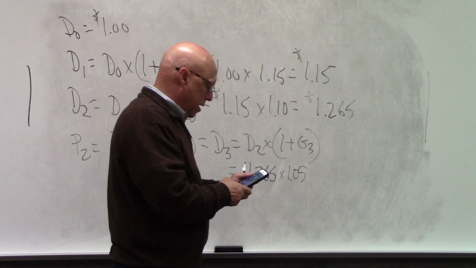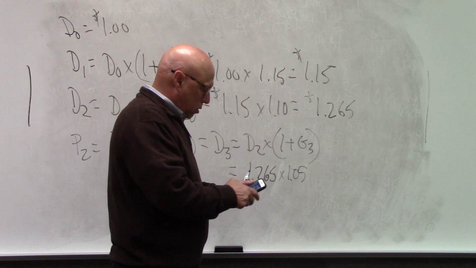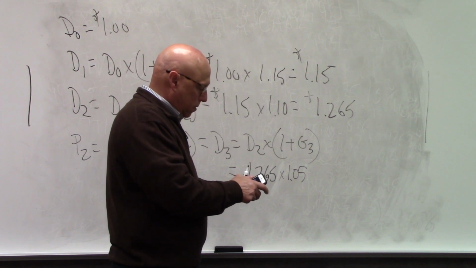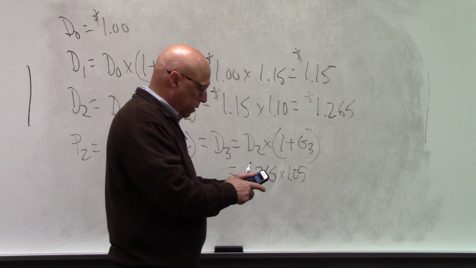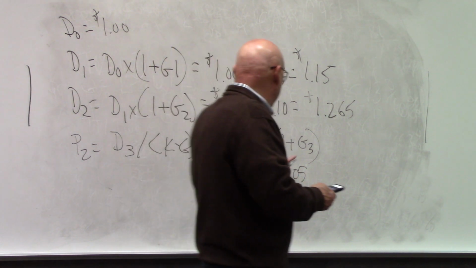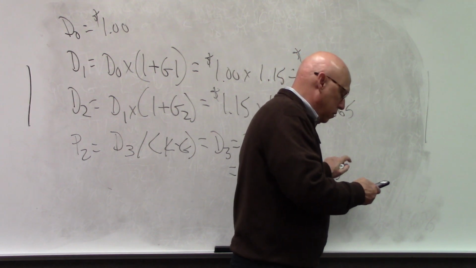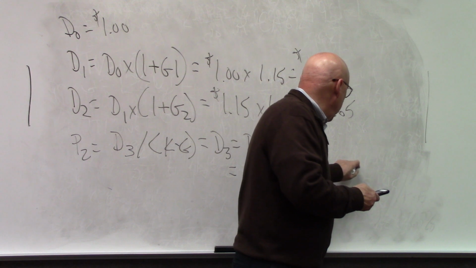Let me get my calculator out here because the way I expressed the answer, I don't like it. So 1.265 times 1.05 equals 1.328.